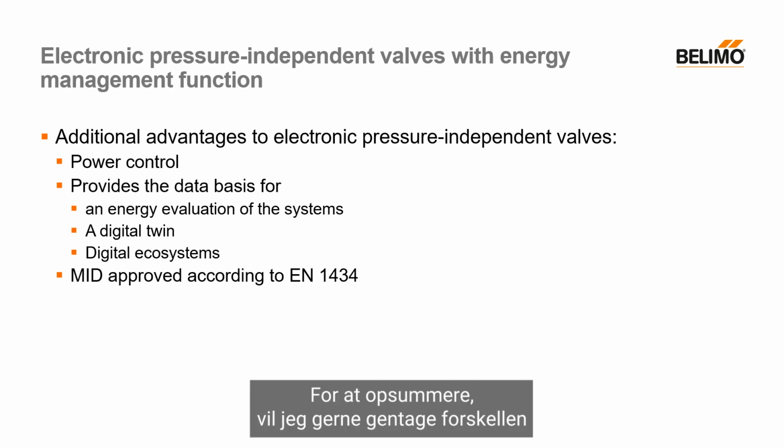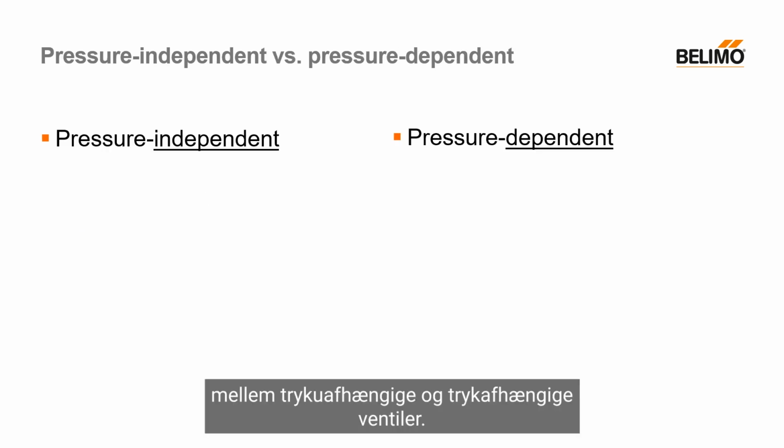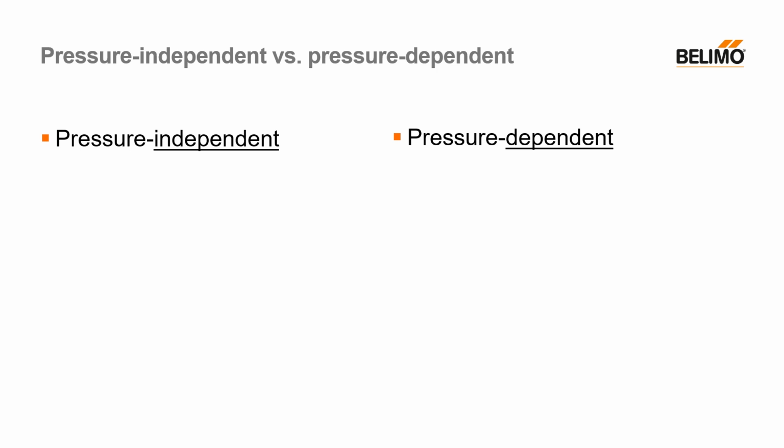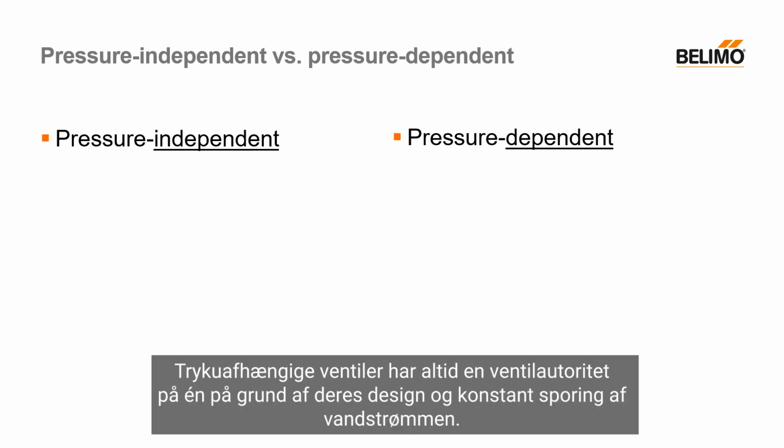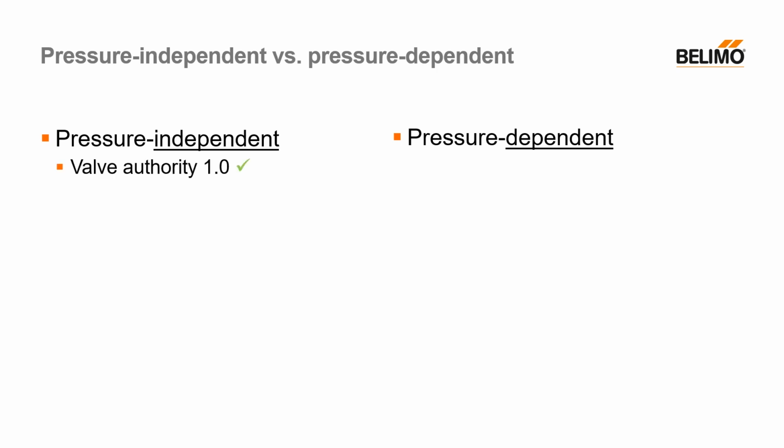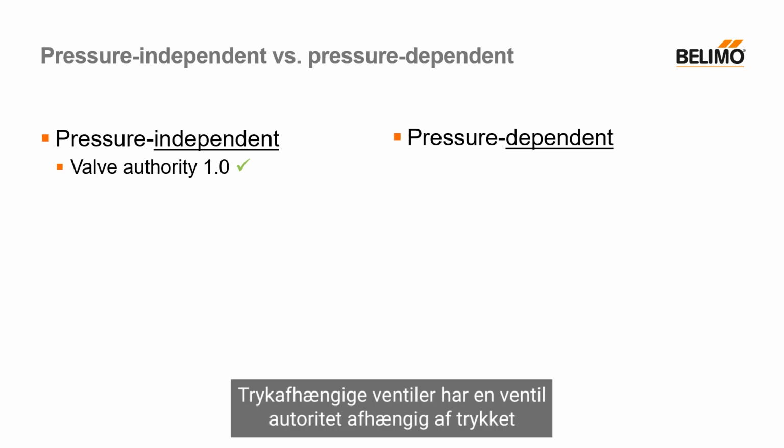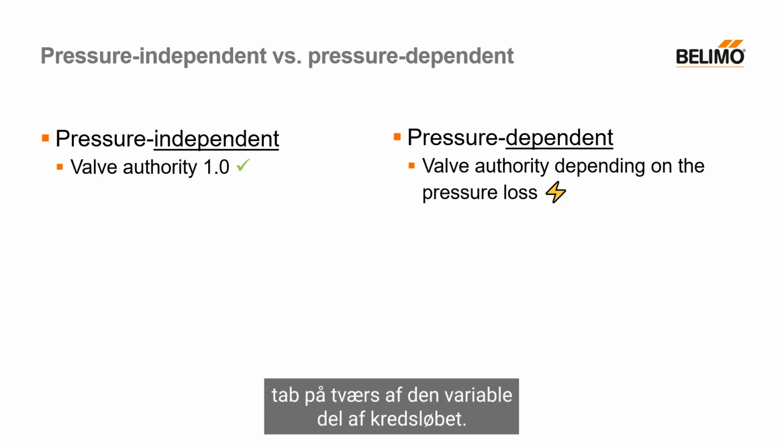In summary, I would like to reiterate the difference between pressure-independent and pressure-dependent valves. Pressure-independent valves always have a valve authority of 1 due to their design and constant tracking of water flow. Pressure-dependent valves have a valve authority dependent on the pressure loss across the variable flow portion of the circuit.